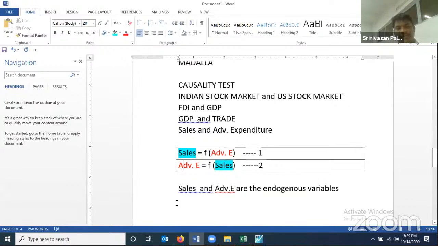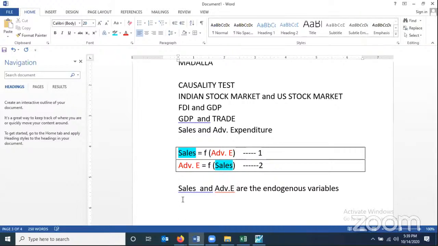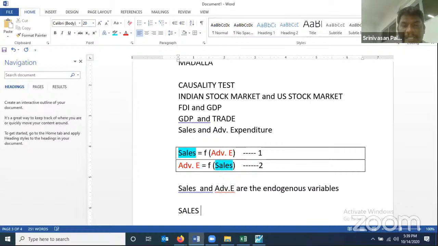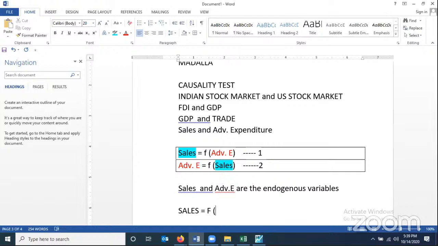Moreover, the causality is based on the autoregressive terms. What are autoregressive terms? That means the dependent variable, let's say sales, previous sales. Sales is a function of previous sales, I'll show the setup later.